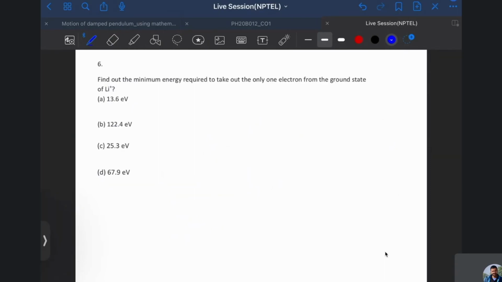So let's go to the sixth problem. Here we have to find out the minimum energy required to take out only one electron from the ground state of lithium plus ion.